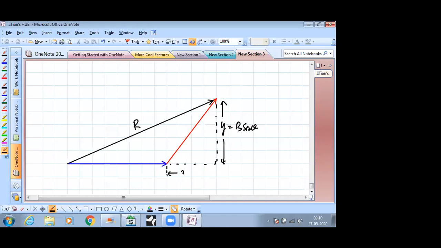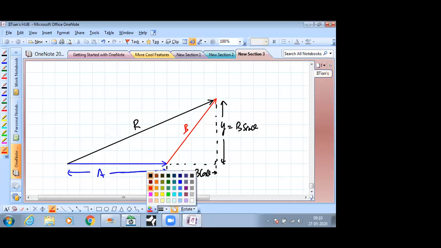This here is B cos theta. And of course, this here is A. This was B. And this angle is theta.